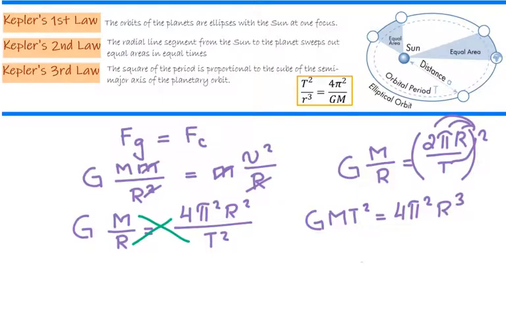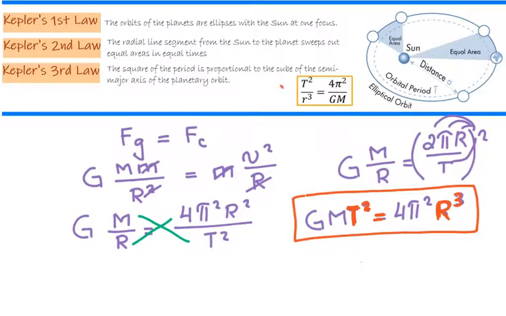So in his third law, he said that the time it takes a planet to make one revolution around the star, squared, would be proportional, or equal in this case, to r cubed, the average distance of that planet from the star. On the AP exam, they don't give you this formula. You have to either remember this formula or this formula, but I think it's easier to just understand where the formula comes from so you can derive it.